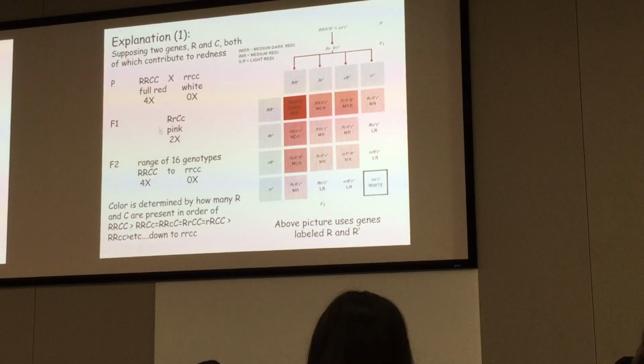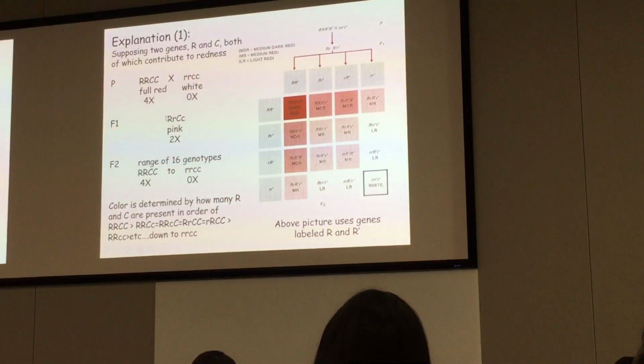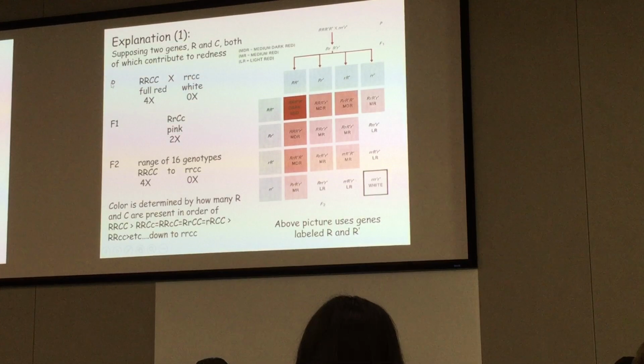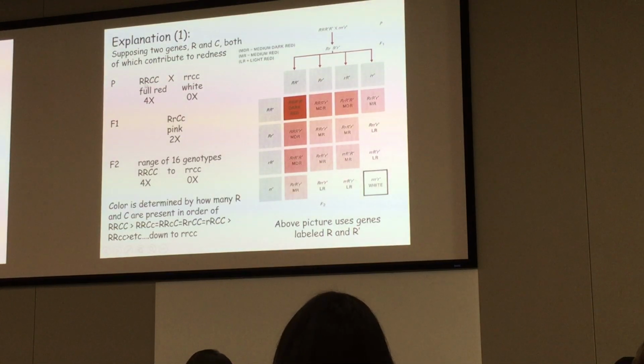So let's go through this part because it explains what's happening in this wheat kernel coloration model. So the parents are true breeding, and one is fully red, one is completely white. Okay? So since we know the answer, we're going to say that the full red parent is homozygous big R, homozygous big C, and all 4 of these alleles of the R and C genes are contributing a little bit to the redness phenotype.